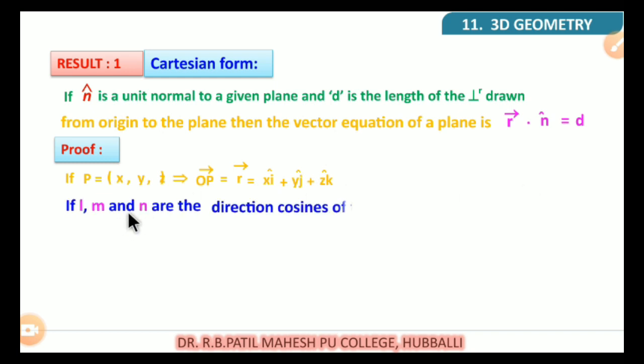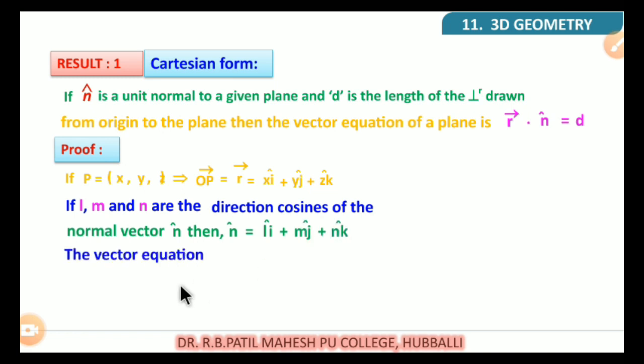If L, M, N are the direction cosines of the normal vector n cap, then n cap is equal to Li plus Mj plus Nk. Then the vector equation is already given: r dot n cap is equal to d.